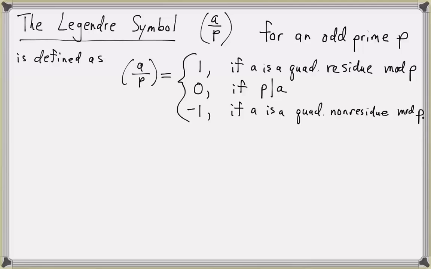We begin with a theorem which gives some properties of the Legendre symbol, and these are the properties that will help us determine quadratic residues mod an odd prime P. So let me state these properties as a theorem. Let P be an odd prime.